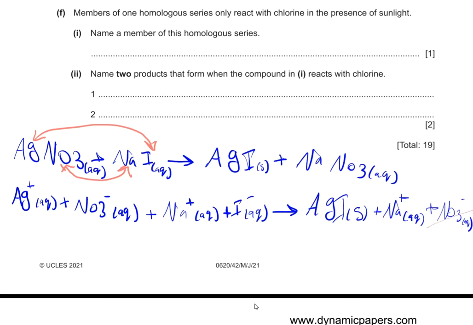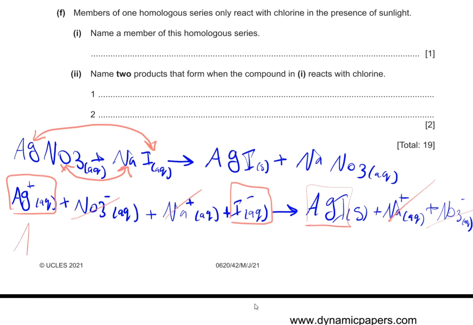So we're going to eliminate this from the full ionic equation. Same as the sodium, it started as an aqueous ion and ended as an aqueous ion as well. So we're going to eliminate it, and we end up with these two, silver and iodide ions, which gave us the silver iodide solid.